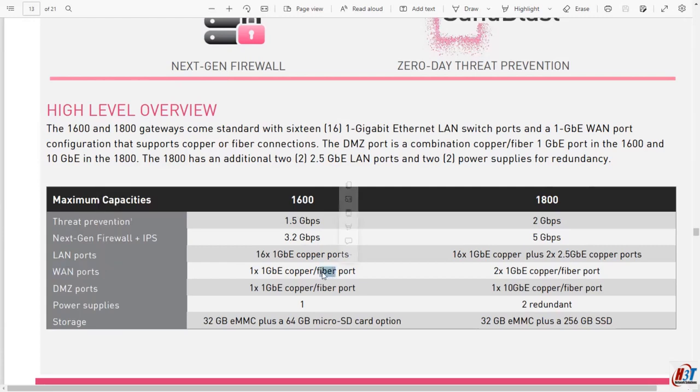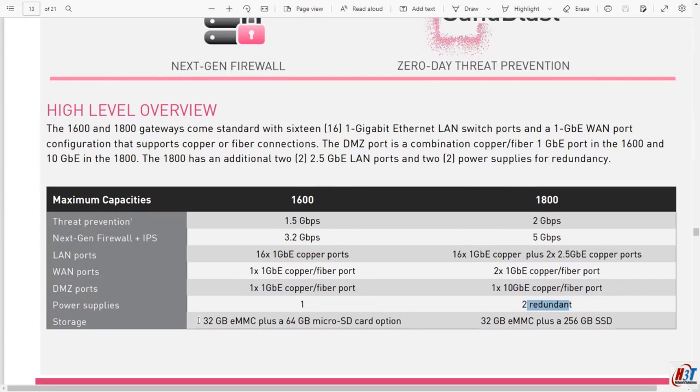WAN ports, you get one fiber or copper, or here you get 2 of them. DMZ port, you get one here, which is 1 GB Ethernet, and here you get 10 GB into one port. Power supply is not redundant here, 60 on the 1600, but on the 1800 you have redundant.